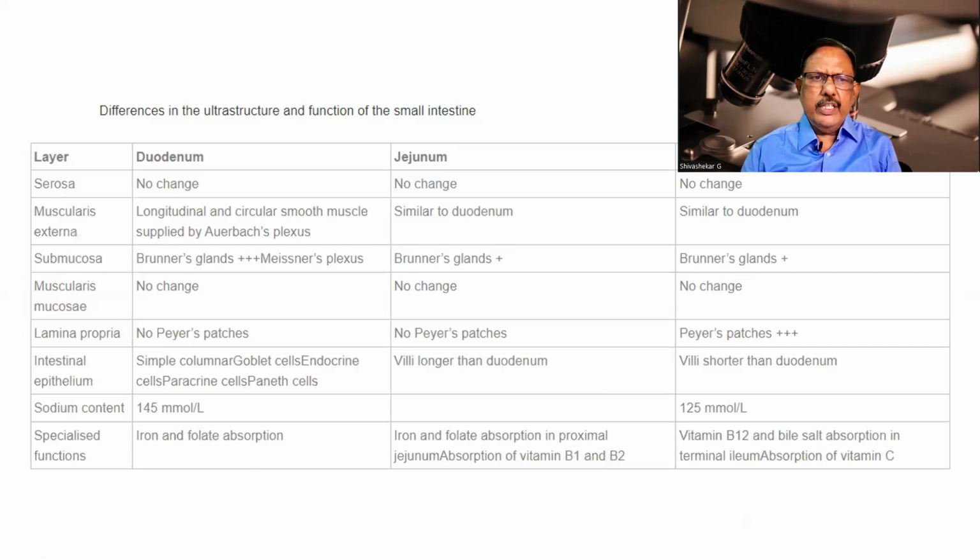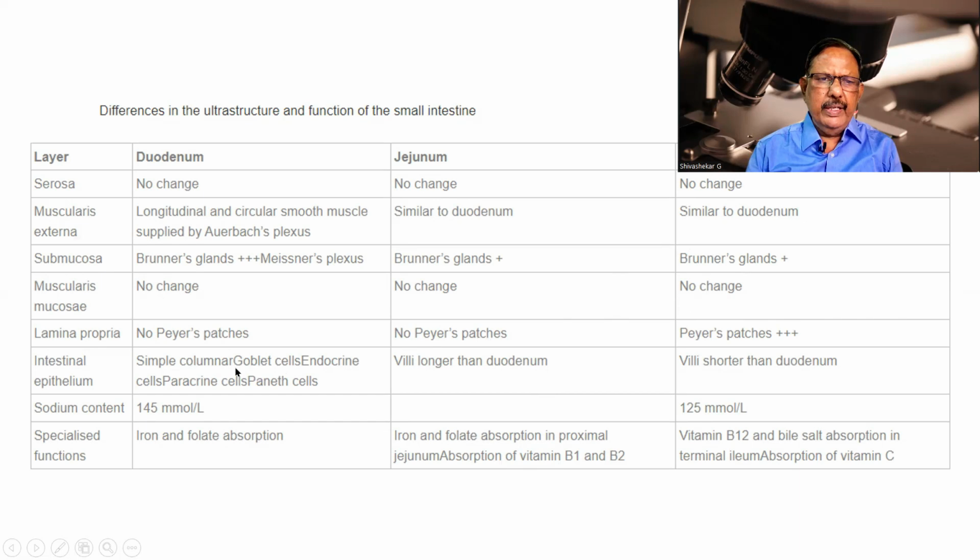So what are the differences between the duodenum, jejunum, and the ileum? Serosa, they are all similar. And muscularis, almost similar, except for the Auerbach's plexus. Brunner's glands, maximum in duodenum, minimum in others. Muscularis mucosa, there is no change. No Peyer's patches except in the ileum, where there will be Peyer's patches.